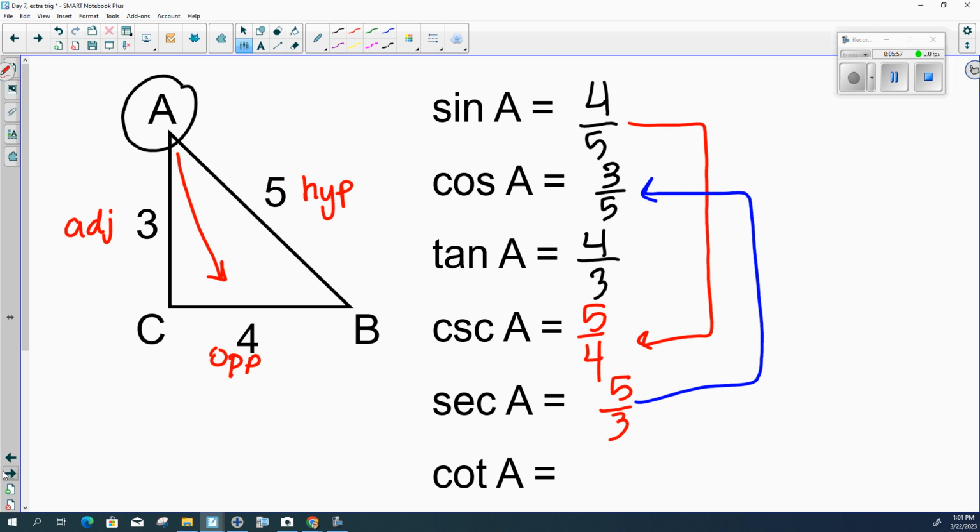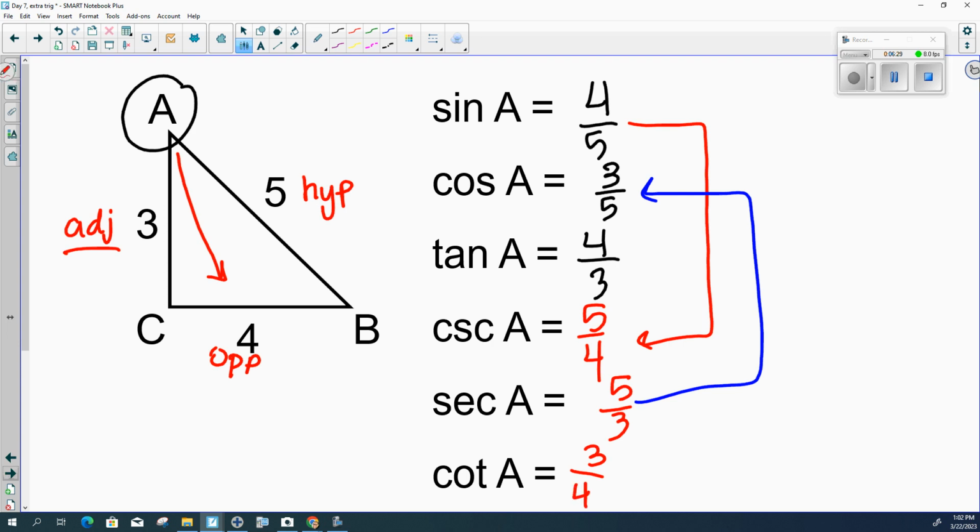Which one's the adjacent side? Well, we labeled it adjacent. So the 3. Which one's opposite? Not sure. That's okay. Shaylee, which one's opposite side?